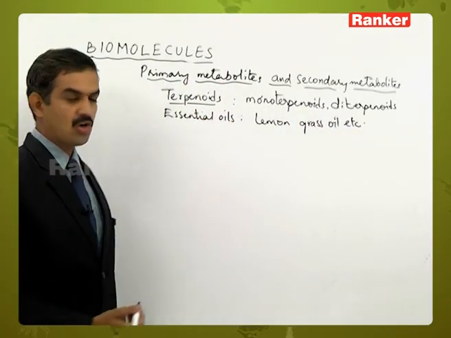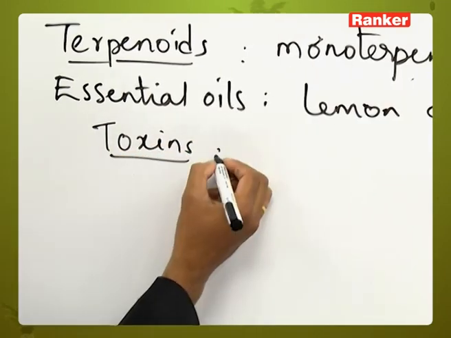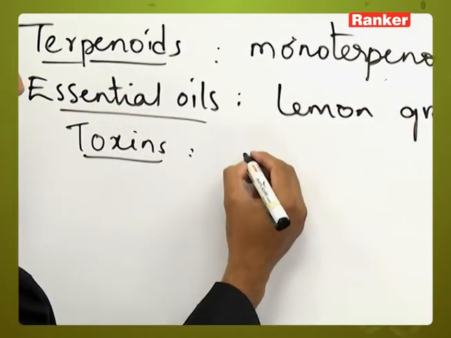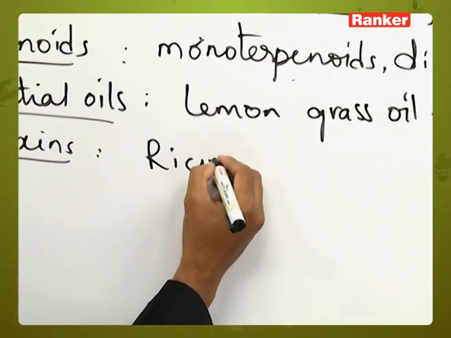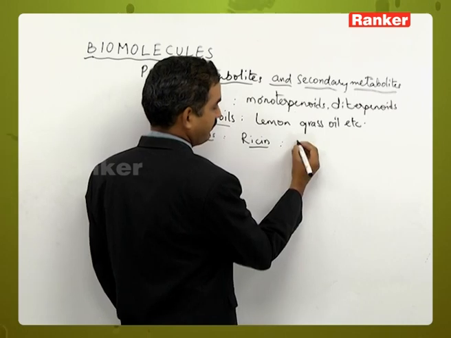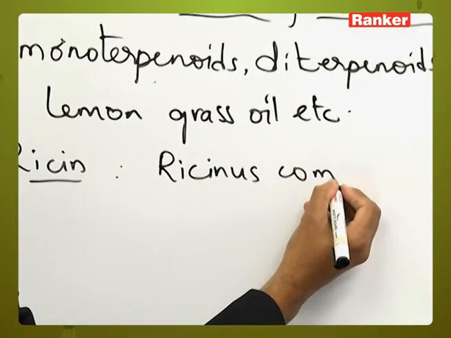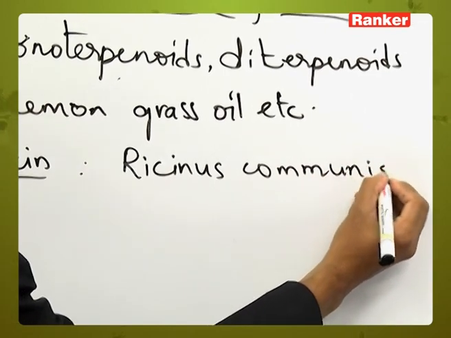Then others are toxins. As we know, toxins means poisonous materials, like abrin and ricin. Ricin is the one which is synthesized in Ricinus communis, that is the castor plant.